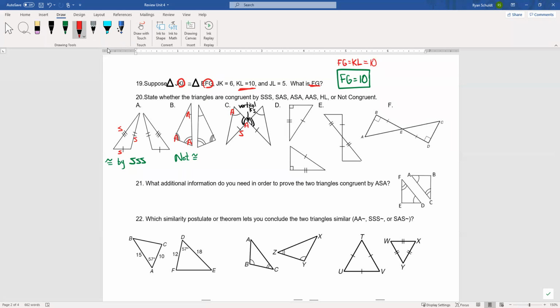So it's either going to be ASA or AAS, but which one? Well, that depends on where the side is. Is our side sandwiched in between the angles? So is it right there? No. If it's not sandwiched in between the angles, then we can't write it in between the angles. So we have to say congruent by AAS.